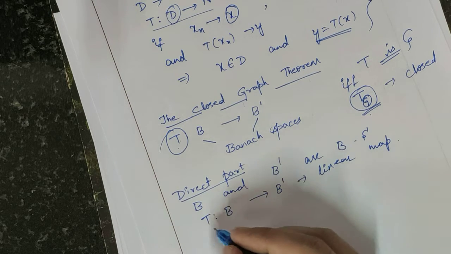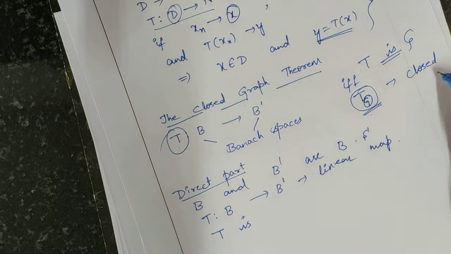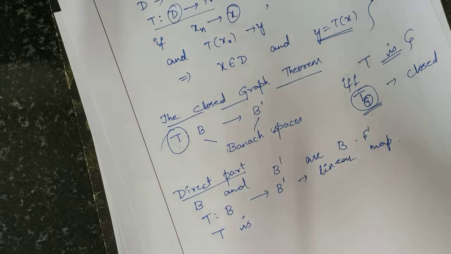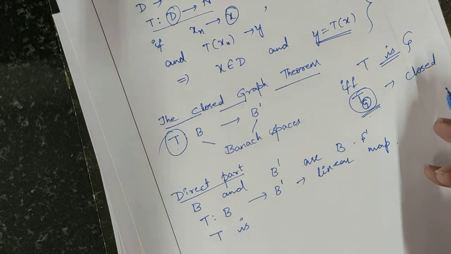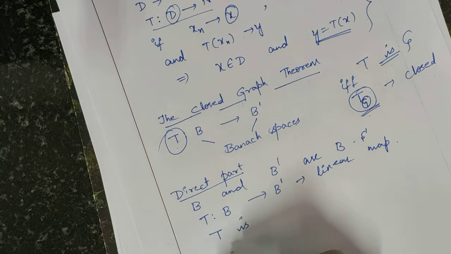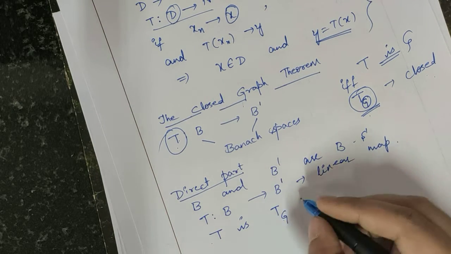So then the graph T is closed. They have given that graph T is closed. Sorry, they have not given that the graph T is closed. We have to prove that. Before proving that part, let us consider how the elements will be in graph T. Okay, so the graph T will be denoted as TG.